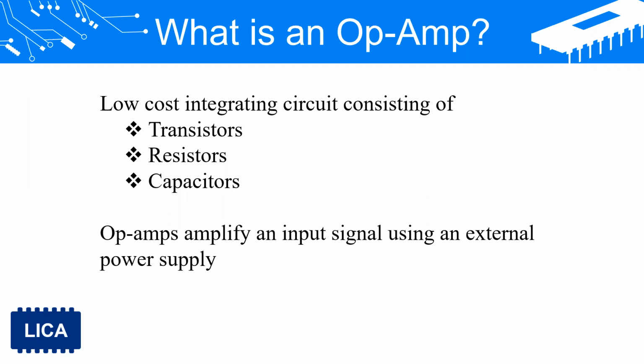An operational amplifier has two input pins and one output pin. Its basic role is to amplify and output the voltage difference between two input pins. It's a low-cost integrated circuit consisting of transistors, resistors, and capacitors.